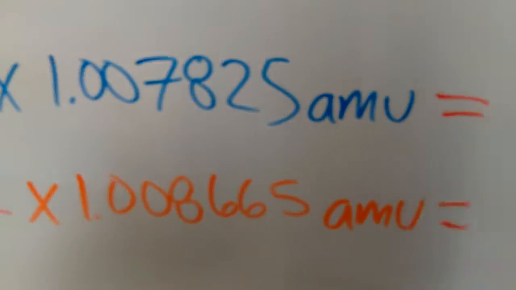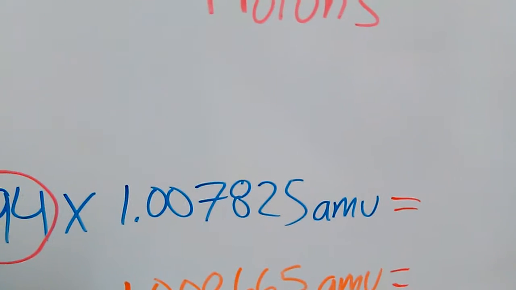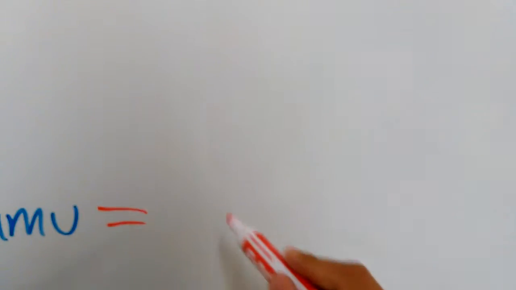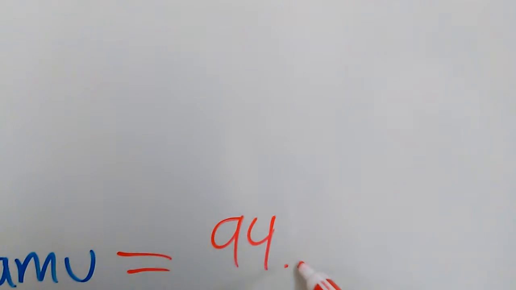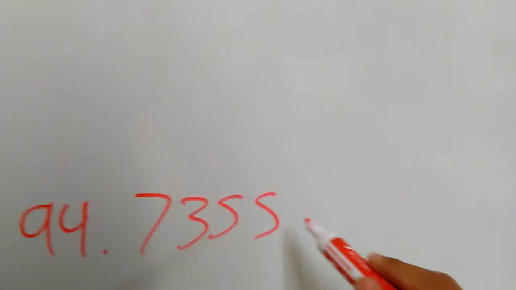When you have 94 times 1.007825, you should come out with the answer of 94.7355 atomic mass units.